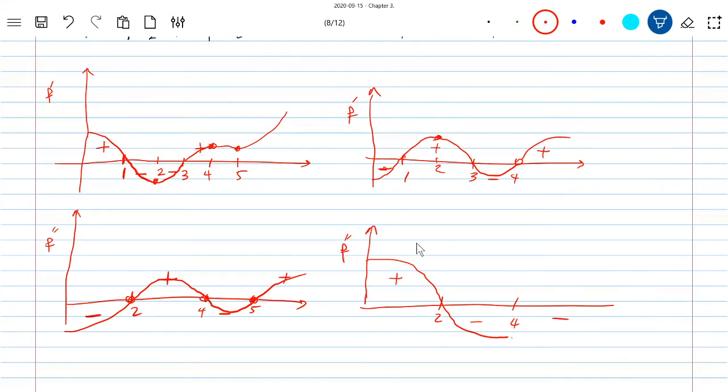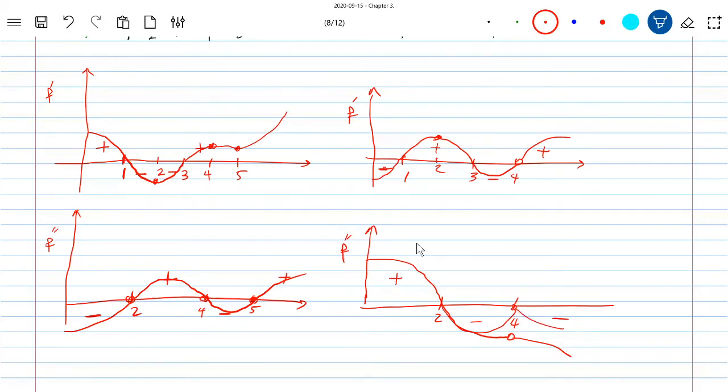We don't know how it stays. I'm going to draw it this way. Maybe draw it this way. But again, the derivative does not exist at this point, so I'm going to use an open circle. Since you stay in the negative, you don't need to go back to 0. Maybe it will go up. Maybe this is the case.